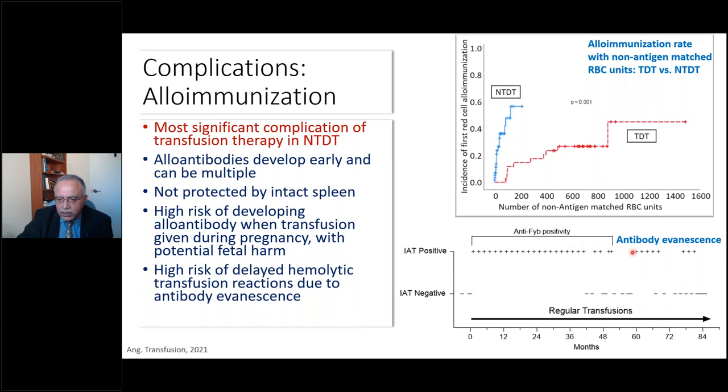On serial follow-up, when transfusions were continued with matched red cell units, the antibody screen eventually became negative again. And this shows the risk of patients developing DHTR if they are transfused in multiple different institutions and a complete transfusion history is not available.